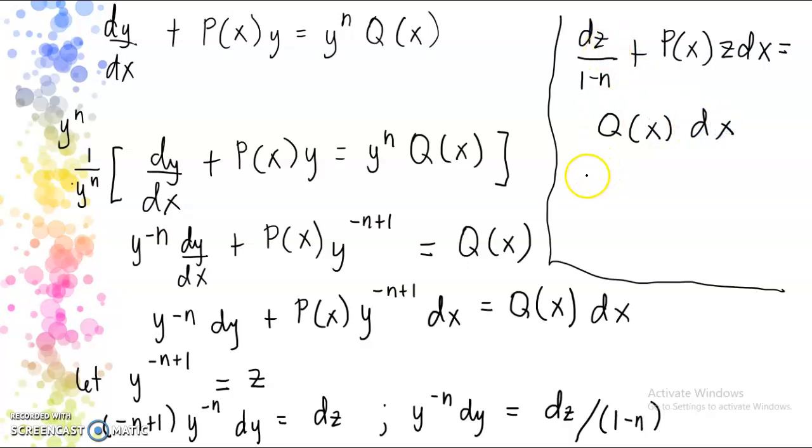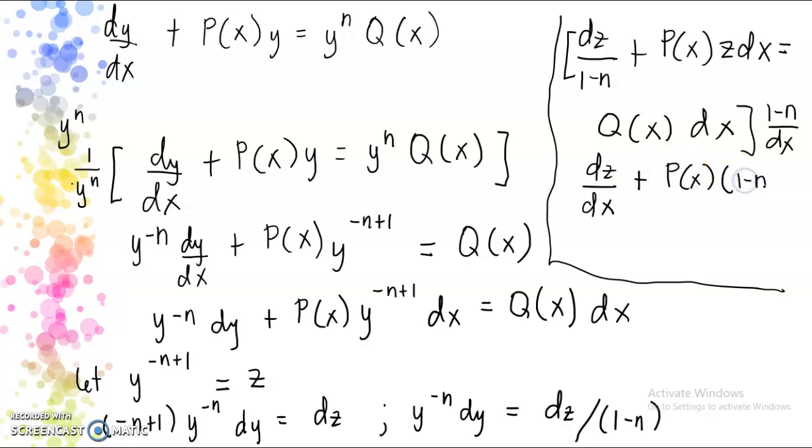Then multiply both sides by 1 minus n over dx, so that we get dz over dx plus p of x times 1 minus n times z equal to q of x times 1 minus n.